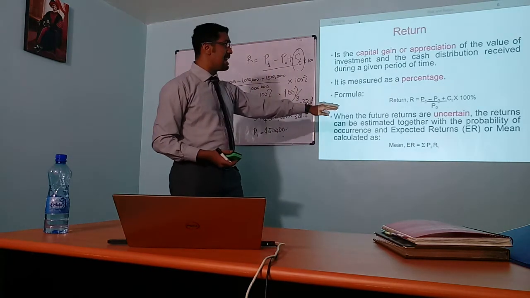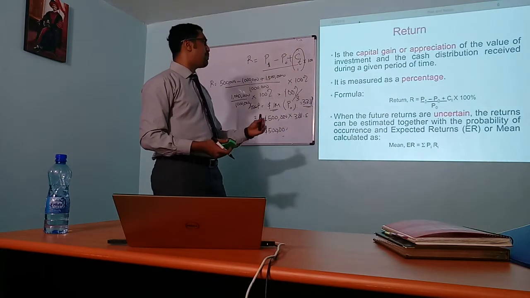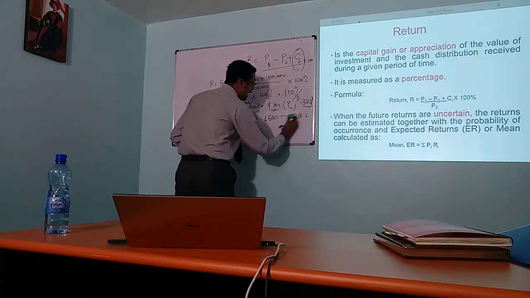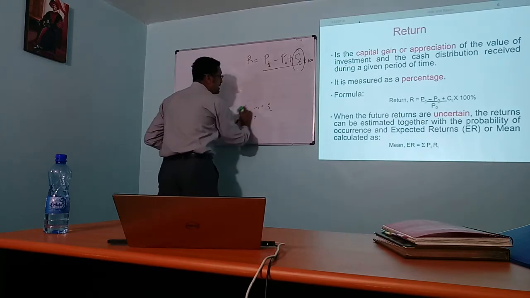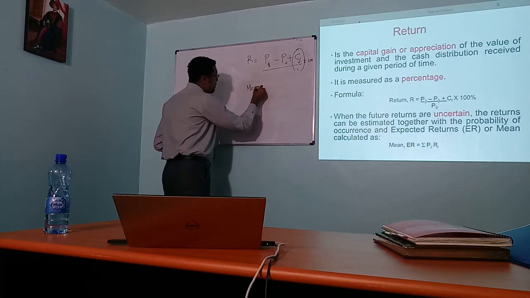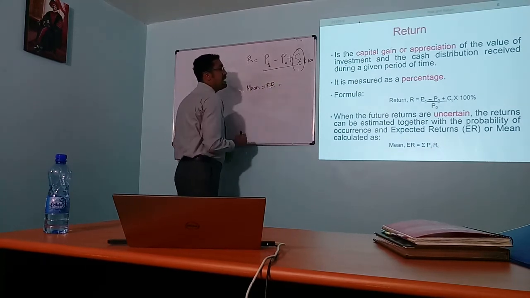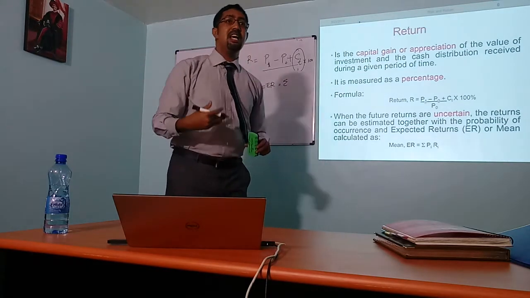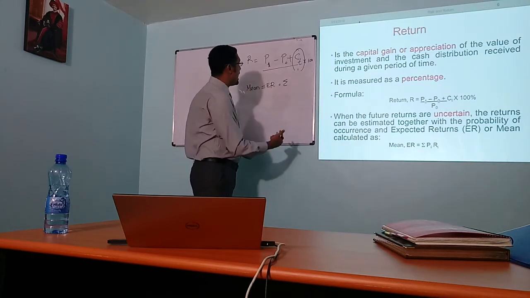Now, when the future returns are uncertain, we need to use probability so that we can calculate returns. For that case, we say the average or expected mean return is given as ER, being equal to the summation of all the possible outcomes that we don't know, but we want to calculate expected returns.